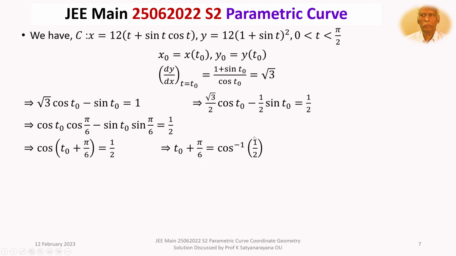What is cos⁻¹(1/2) in the interval 0 to π/2? It is π/3. That is t0 + π/6 = π/3, so t0 = π/3 − π/6, that is π/6.